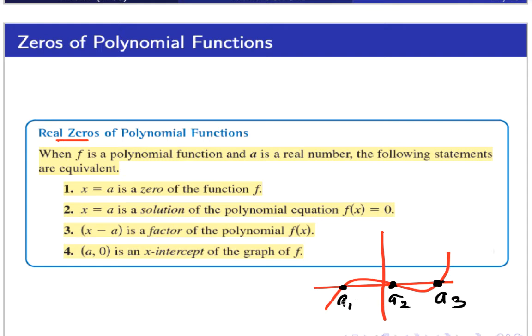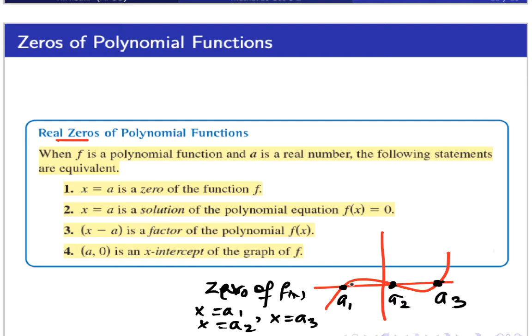Remember, you can have more than one zero. So zeros of f(x) are x equals a1, x equals a2, and x equals a3.